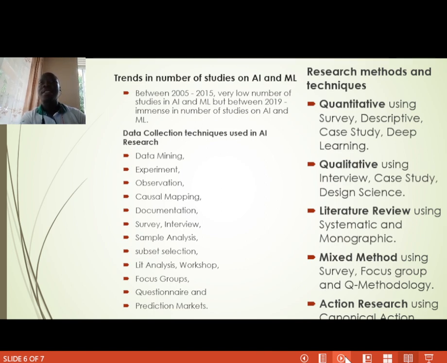And these researchers collect their data using the following techniques: data mining, experiment, observation, causal mapping, documentation, survey, interview, sample analysis, subsets, selection, list analysis, workshop, focus groups, questionnaire, and prediction markets. And all these techniques are embedded or used in the following research methods: quantitative research methods, qualitative research methods, literature review, mixed method, and action research.